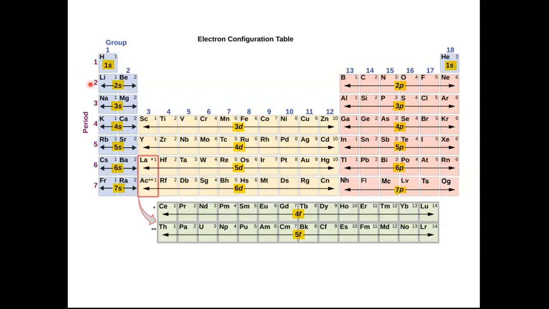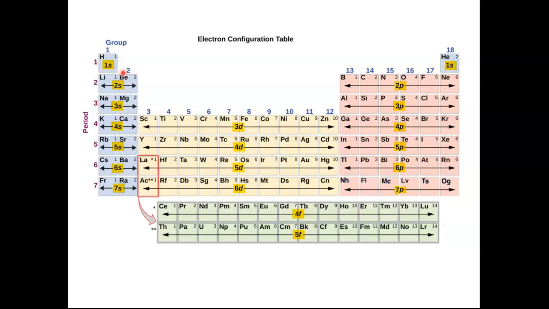We move down to the next level. This would be our 2, then 3, then 4. So as you move down the group, you increase by 1 digit. That is the energy level, or the shell. The letter is the subshell. So this is the S subshell.